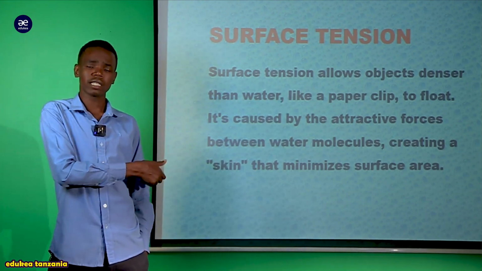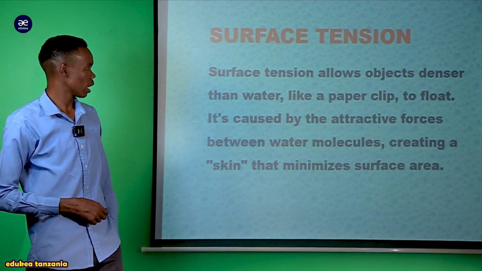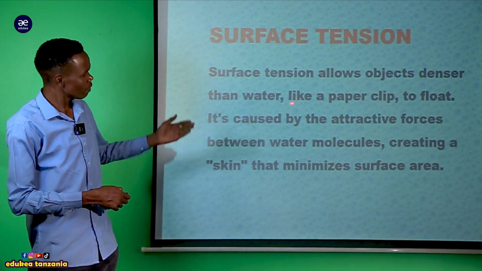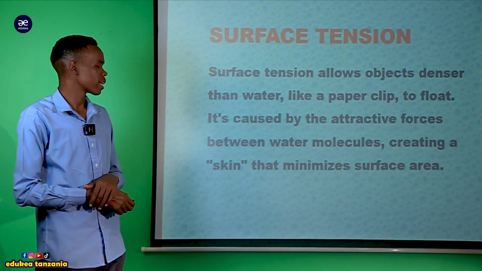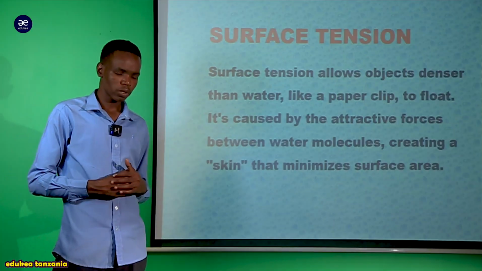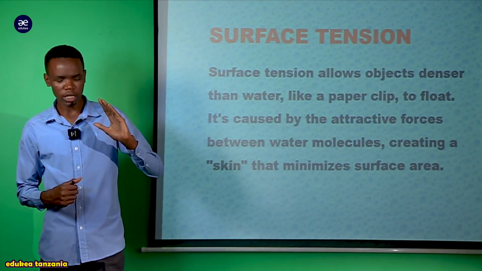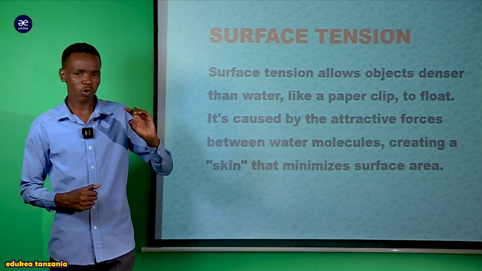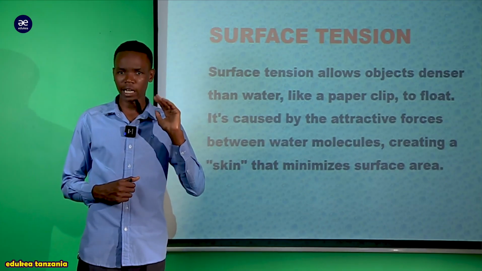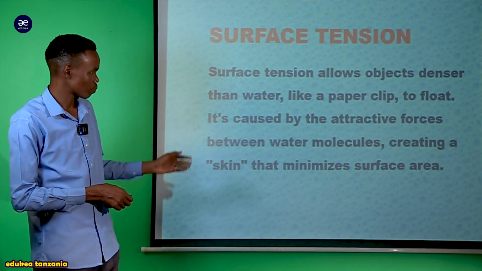So let us see the concepts related to surface tension here. Surface tension allows objects denser than water, like a paper clip, to float. As I told you, surface tension forms an elastic skin that enables materials to float on the liquid.